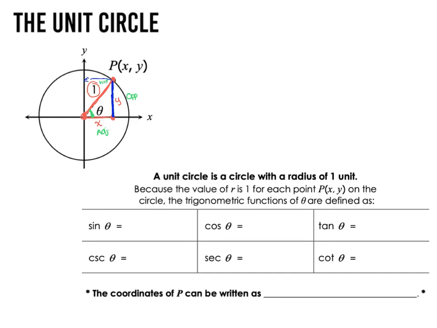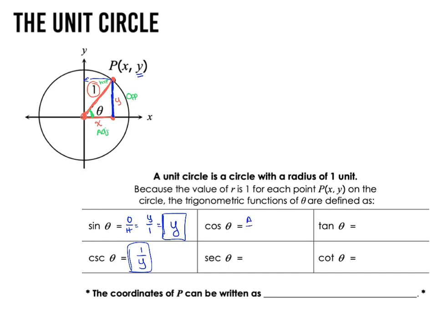If we're trying to fill in our trig functions here, sine is opposite over hypotenuse, which in this case is y over 1, or just y. The sine of theta is always just the y coordinate. To find cosecant, we would just flip that. So if the sine is y, the cosecant is going to be 1 over y.